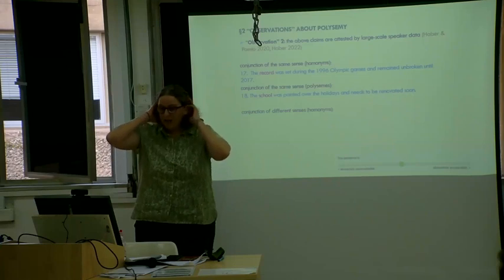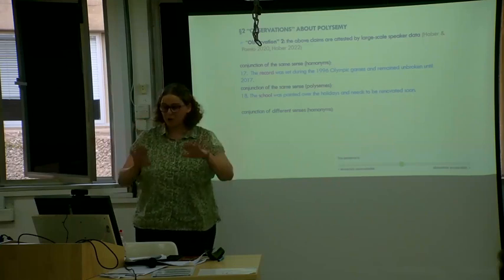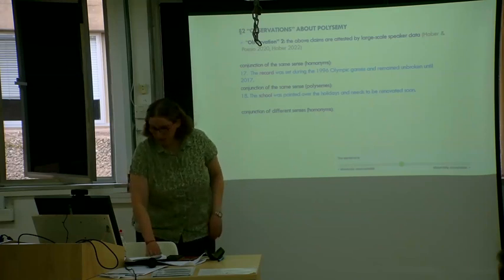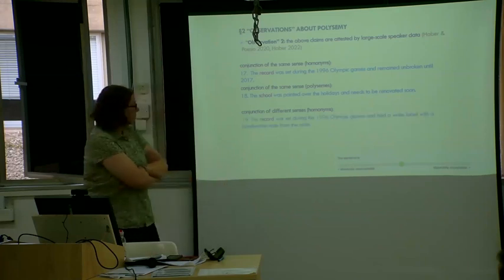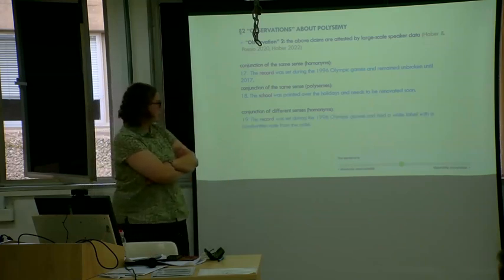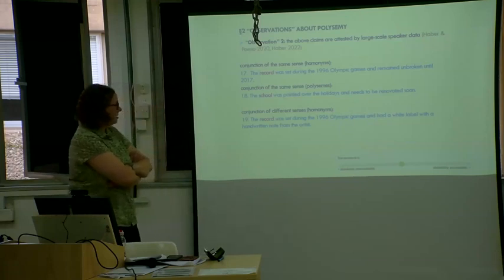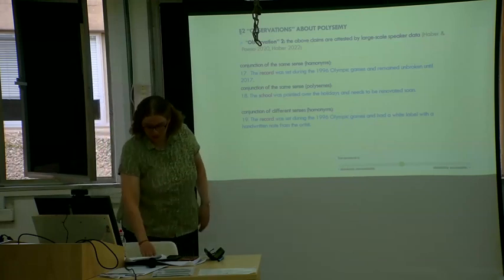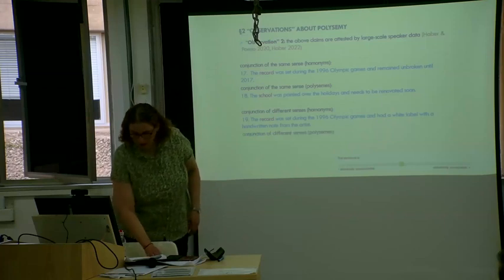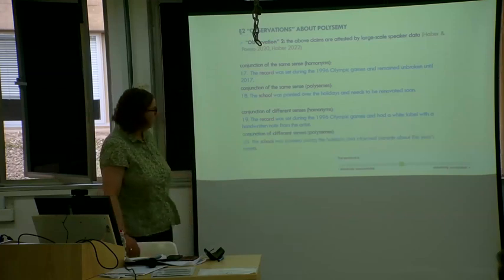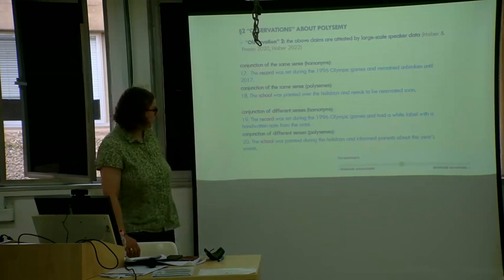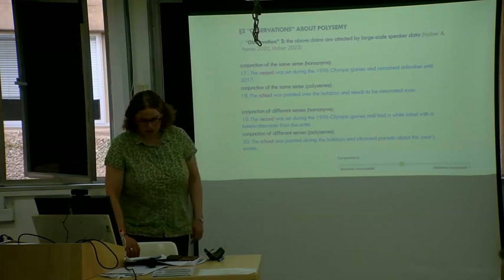Okay, and then he compared these to what happens when you do these conjunction reductions with different senses. So in the case of record, we have 19 where the first conjunct uses record in the setting the record sense and the second in the music album sense. And in 20, he had the first one with school having the building sense, and the second conjunct where school has the institution sense.